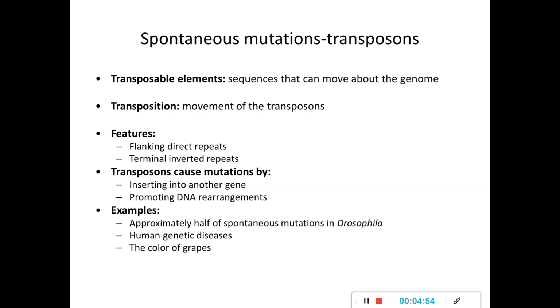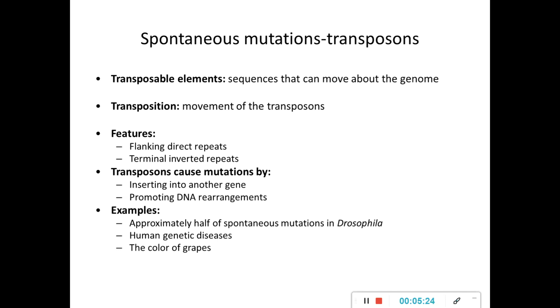Another cause of the spontaneous mutation is the transposon. A transposon is known as a jumping element or mobile genetic element which naturally occurs within the genome, and is mainly featured by the presence of flanking direct repeats as well as terminal inverted repeats, structural features which we will deal with in a separate section, but I'm concentrating on how transposons cause mutations.